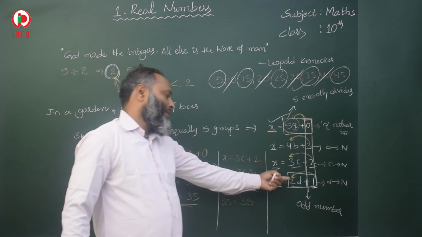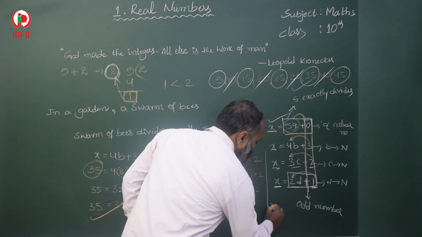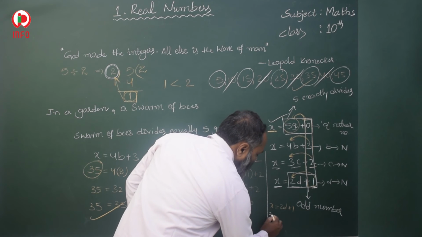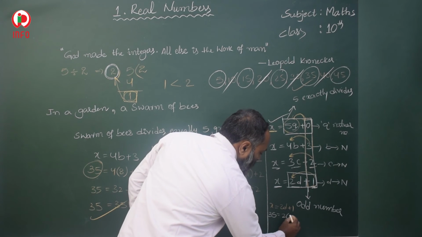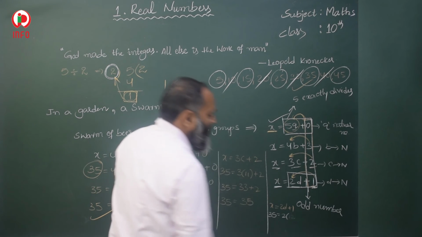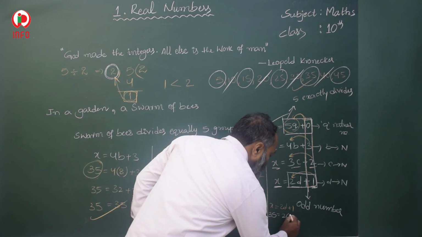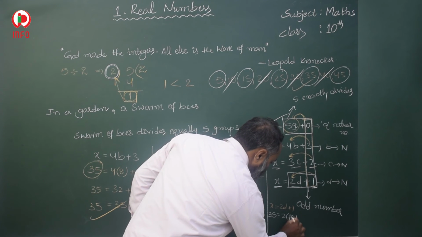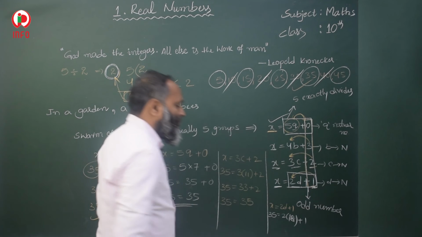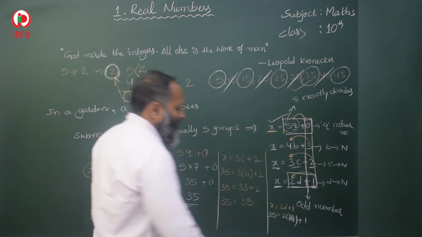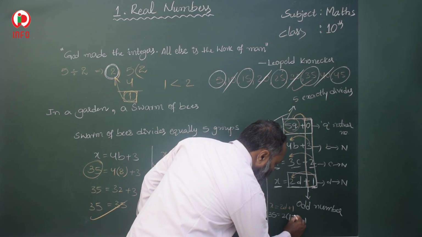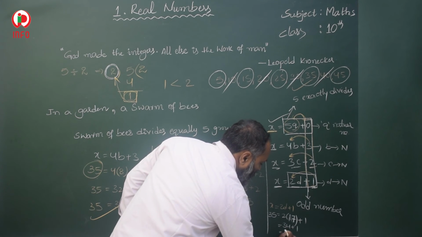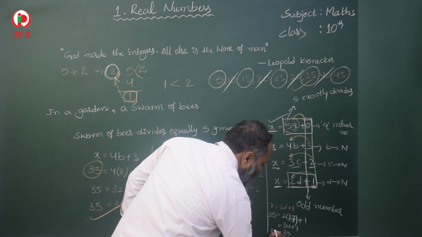If you want to check the fourth statement, again you should take x and check. x is equal to 2d plus 1. Take x as 35. 2 17s are 34 plus 1. 34 plus 1 is 35. 35 is equal to 35.